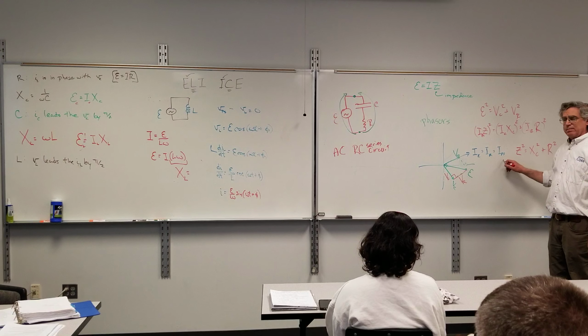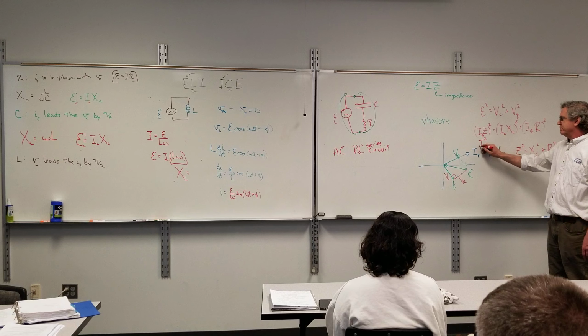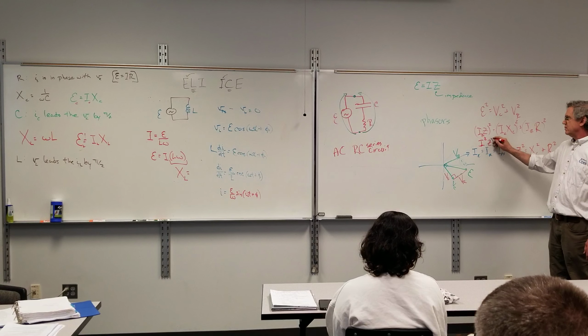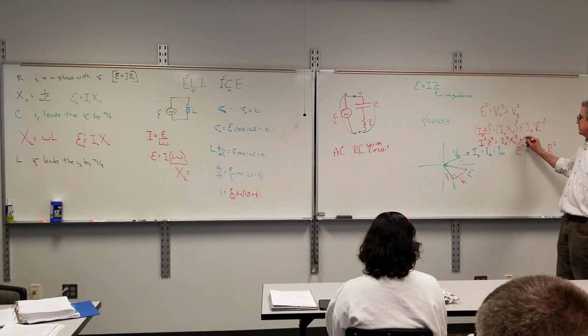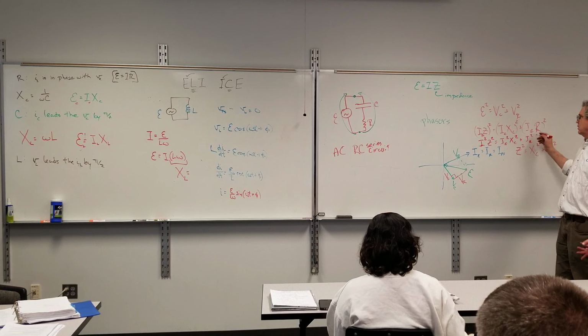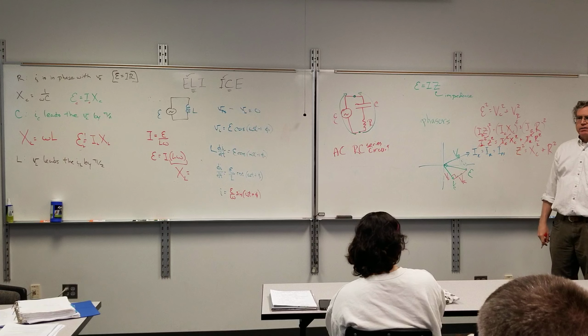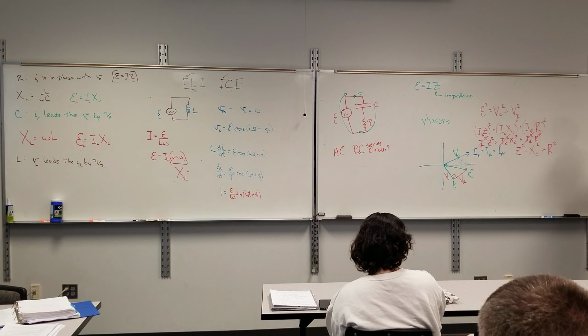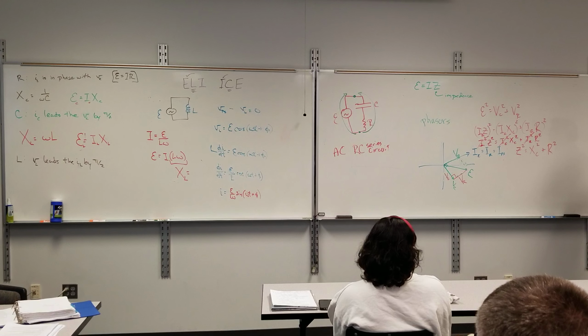All the I's are the same, so I squared Z squared is equal to I sub C squared X sub C squared plus I sub R squared R squared, but all the I's are the same, so we can cancel it. If they weren't the same, you'd leave them there.